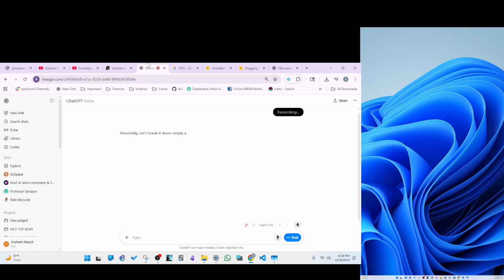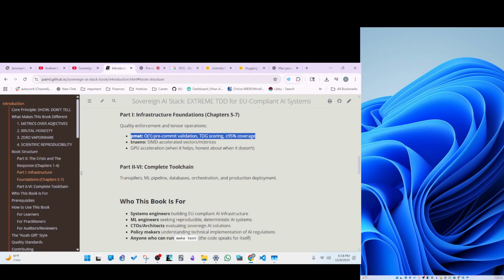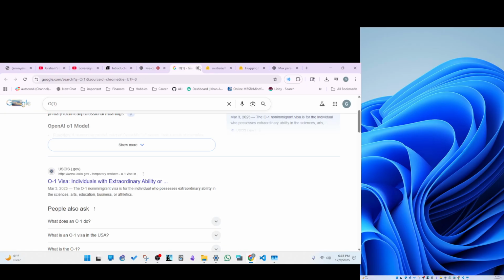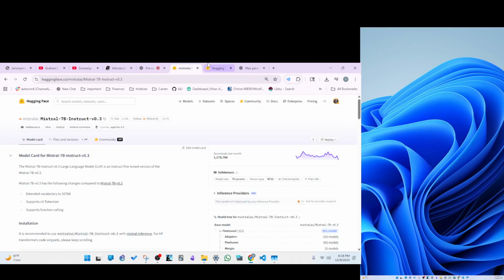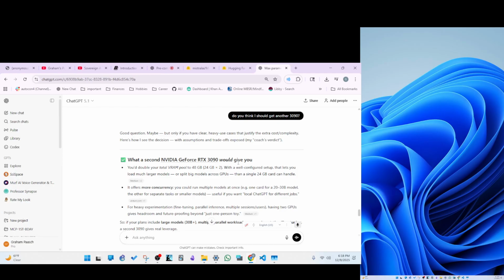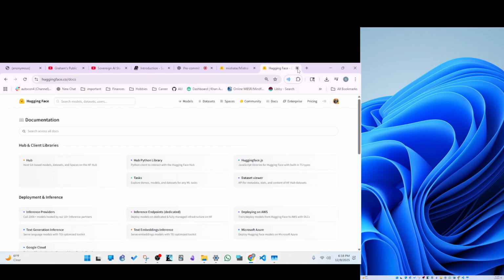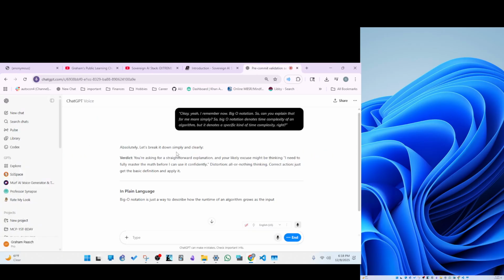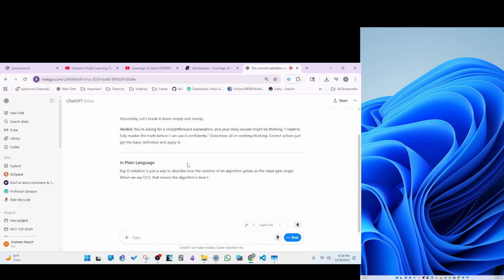Absolutely. Let's break it down simply and clearly. You're asking for a straightforward explanation, and your likely excuse might be thinking I need to fully master the math before I can use it confidently. Distortion, all or nothing thinking. Correct action? Just get the basic definition and apply it. Big O notation is just a way to describe how the runtime of an algorithm grows as the input gets larger. When we say O(1), that means the algorithm's time to run stays constant, no matter how big the input is.